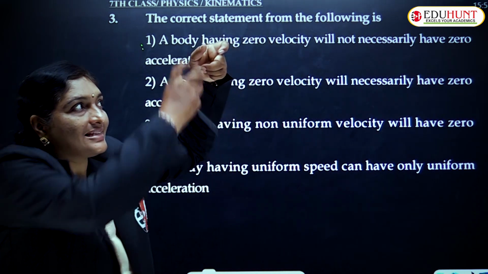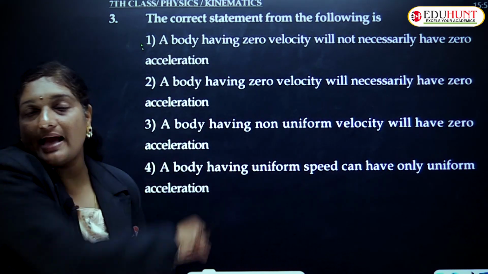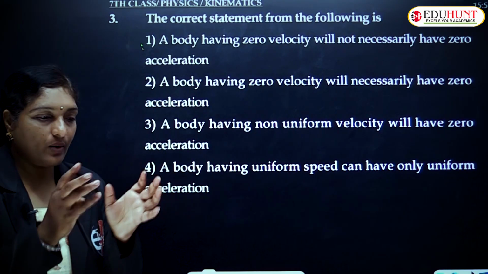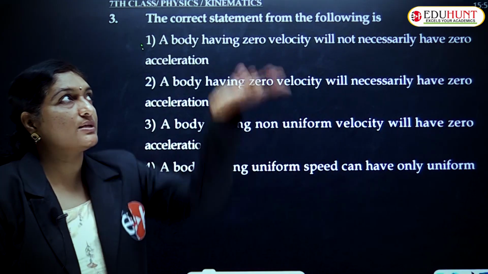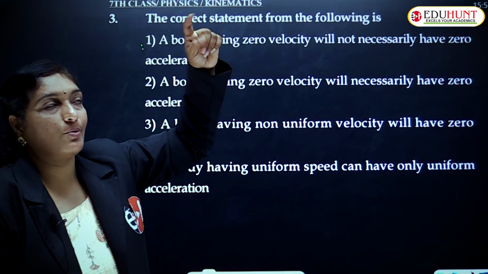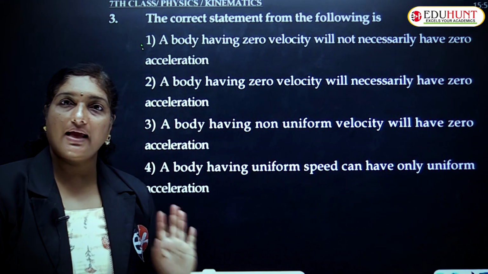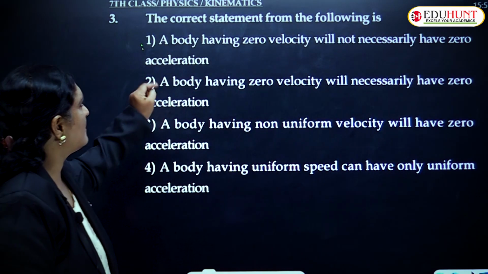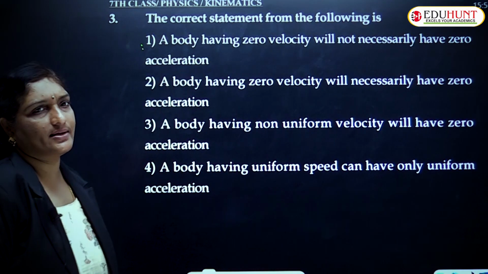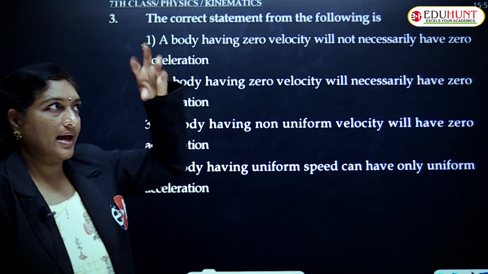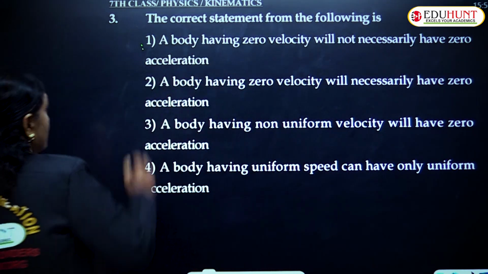But even then, as gravity is pulling it downwards, acceleration due to gravity acts on the body. So at the highest point velocity is 0, but acceleration is not 0. Hence, this statement is true.